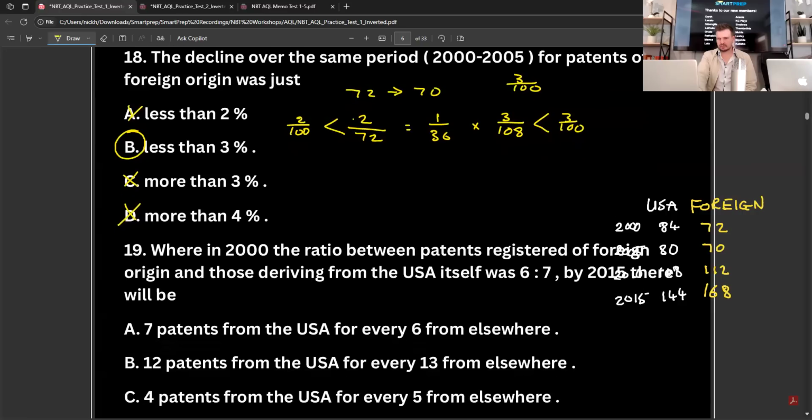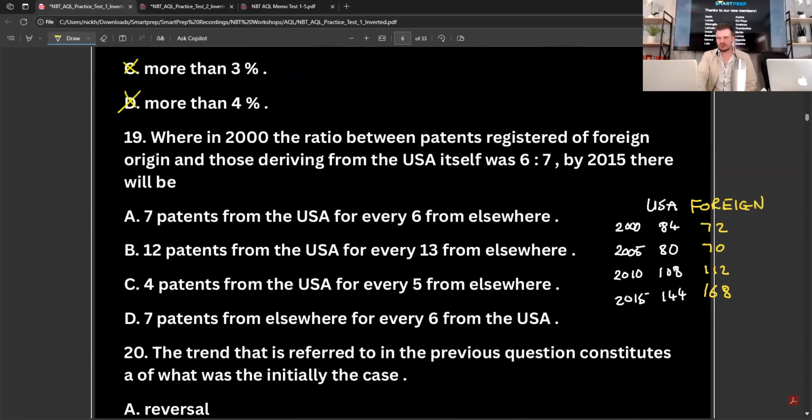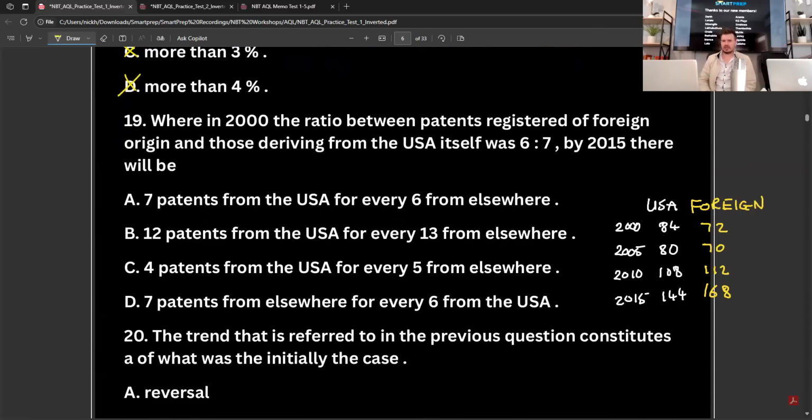Okay, now in 2000, the ratio between patents registered of foreign origin and those deriving from the USA was 6 to 7. By 2015, there will be, okay, so now they want the ratio between patents registered foreign and those from USA.